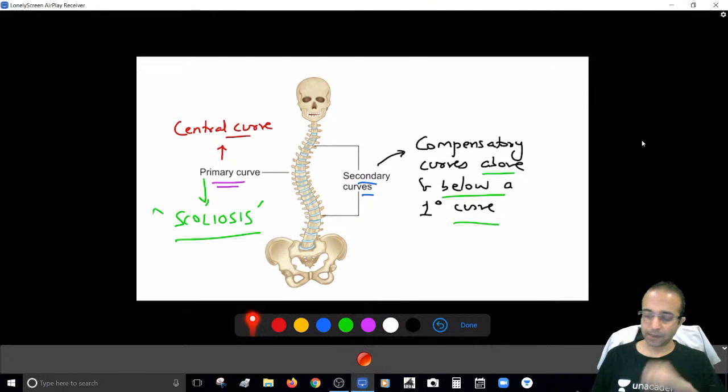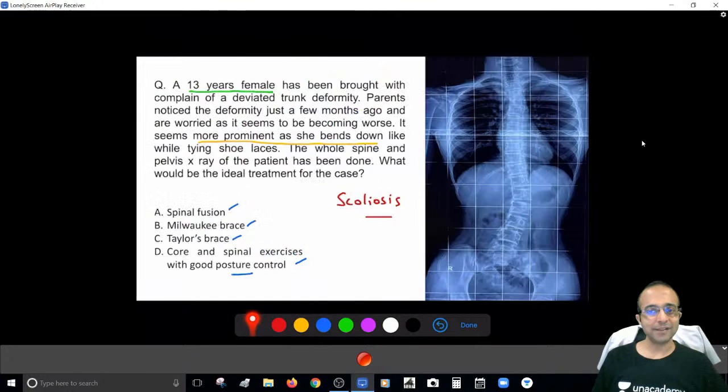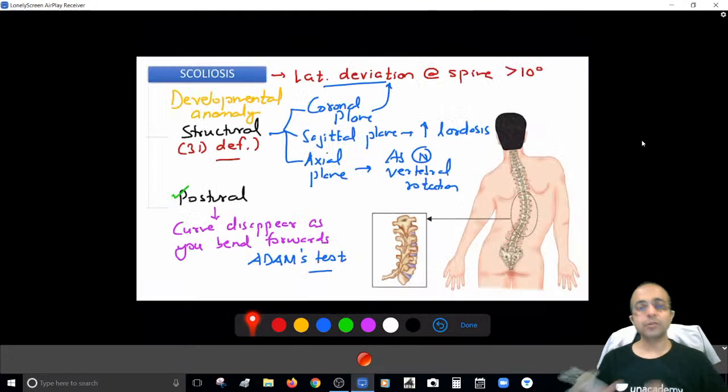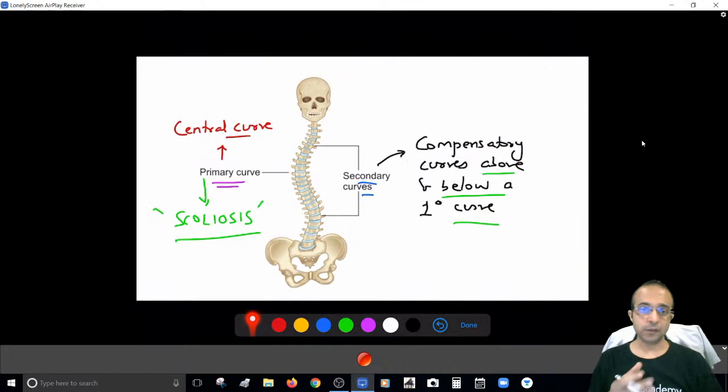Like this particular diagram, it's the thoracic scoliosis. I'll just go back a little here. So this is the dorsolumbar spine having the scoliosis. So there's a compensatory curve here and there's a compensatory curve almost ending up here. So that's how we decide which part of the spine is having the scoliosis.